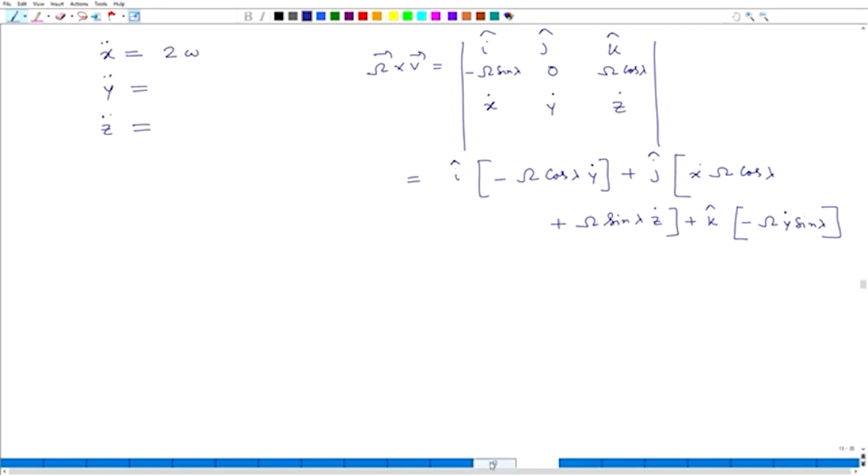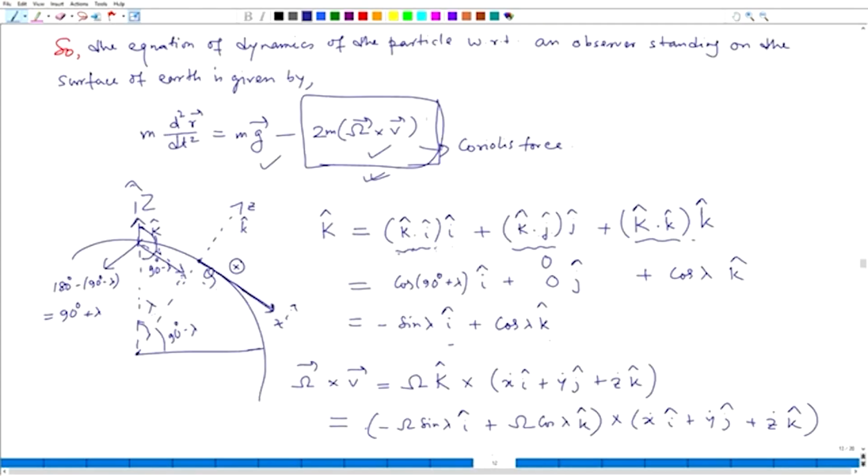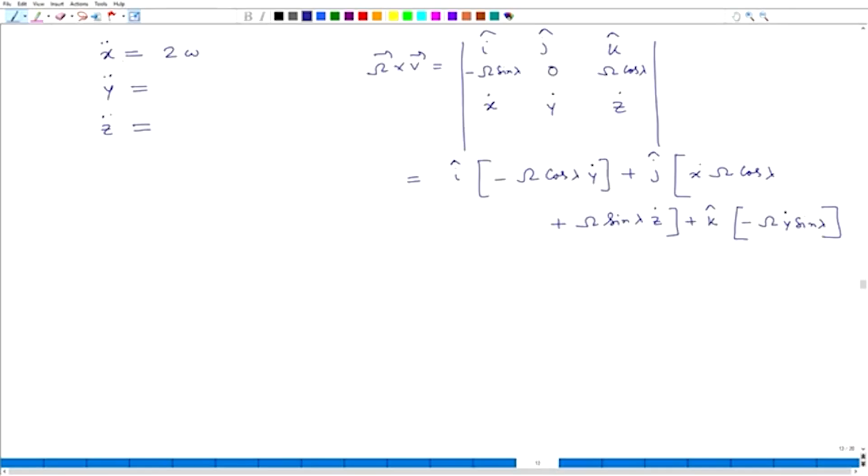You will see that here in this direction you have this g. This g, if you remember, by definition is directed radially inward, which is the minus z direction. So, if you consider everything, then x double dot will be equal to this, so there should be a minus sign.